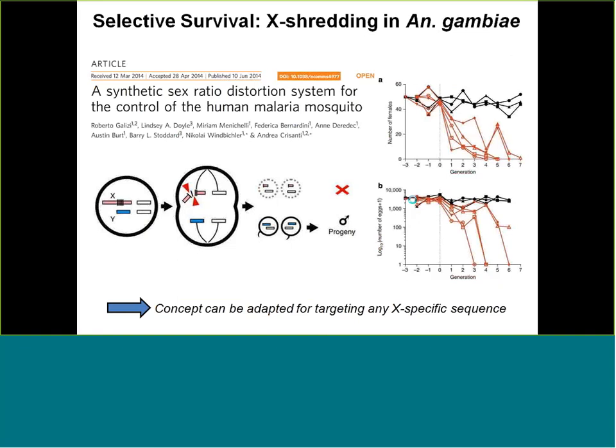One way that gives a similar type of output, but with a much more elegant mechanism, is the X-shredding sex distortion that's been described. In Anopheles gambiae, we have the fortuitous location of ribosomal DNA repeats on the X chromosome, but they're not present on the Y chromosome.